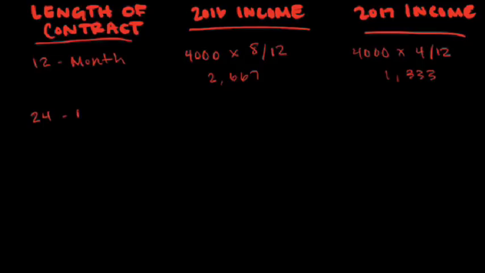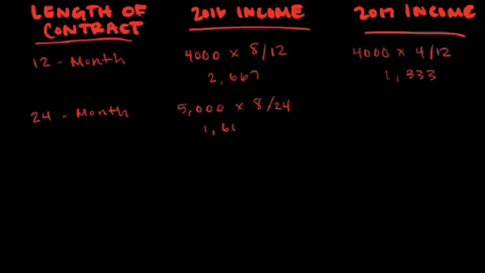Now for the 24-month contracts, we do the same thing. We take the $5,000 that was collected on May 1st, and we multiply that by the remainder of the year, the 8 months from May, and divide that by the 24 months of the contract.